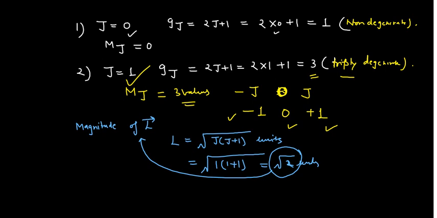Now how can we show these things in a picture? Say, for example, this is your reference fixed axis of the lab, and that is Z. On this Z axis, I can write the value of the mj, or simply you can say the j.